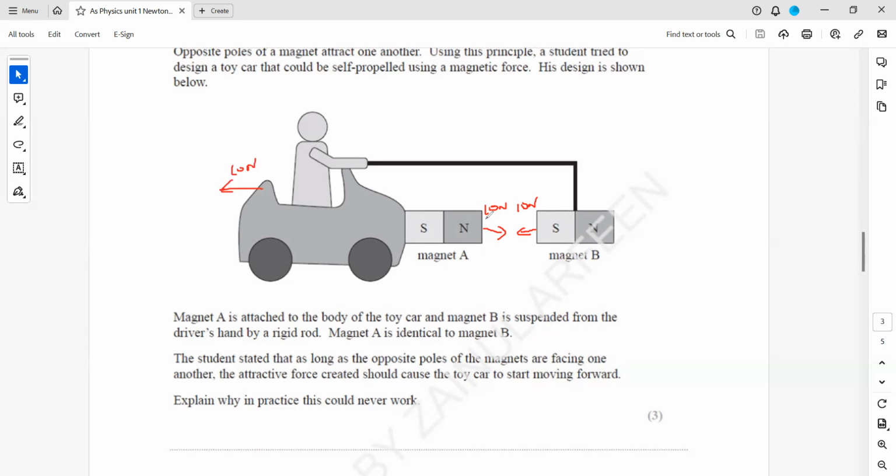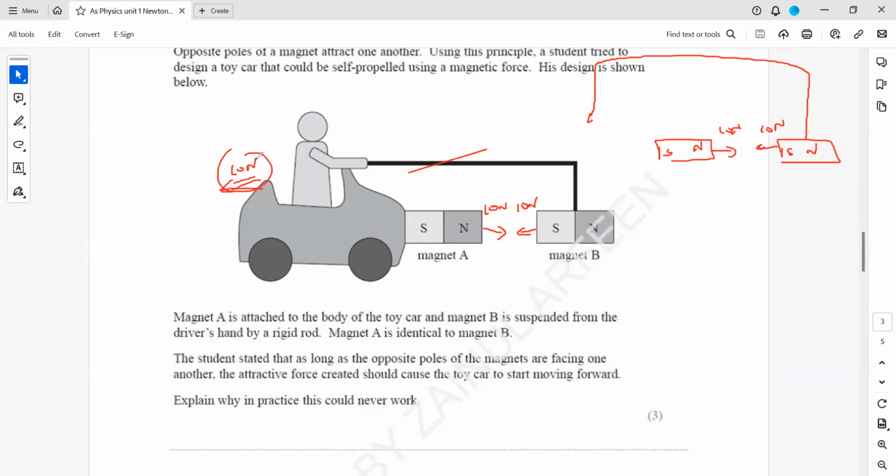Whenever we talk about Newton pair forces, we should consider that this is north south, this one is south north. So if this is pulling by a force of 10 Newton, this also pulls by a force of 10 Newton. Now, magnet B is connected with a person and the person is inside a car. So this whole object will experience a backward force of 10 Newton.